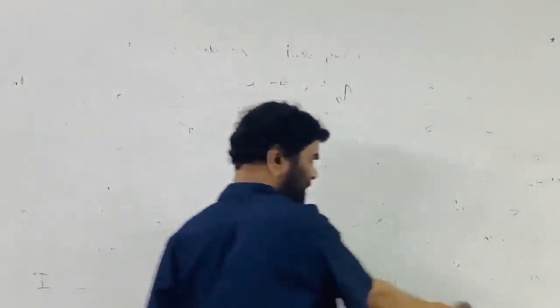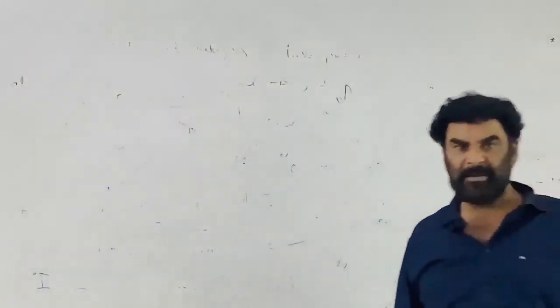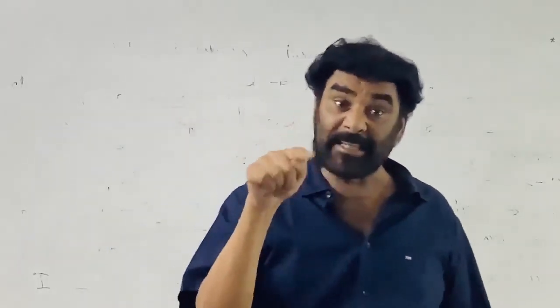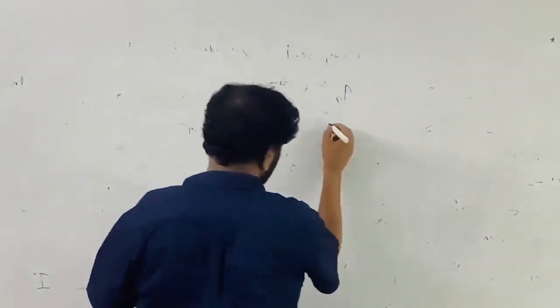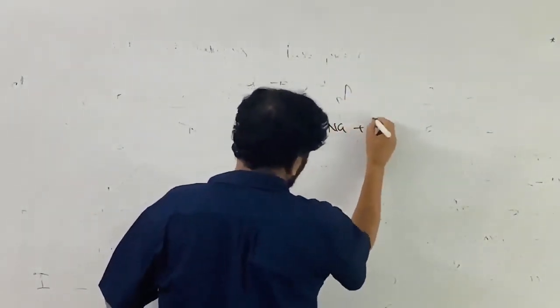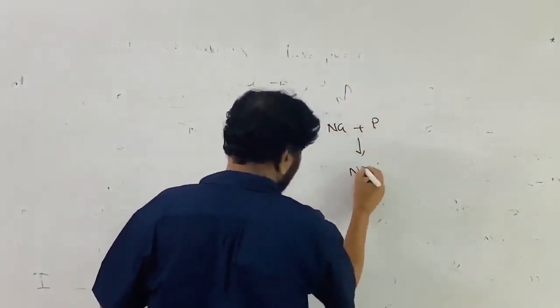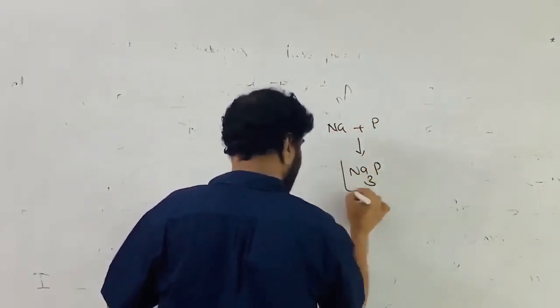You may ask, if phosphorus is present in the given organic compound during the fusion, what happens? The phosphorus associated with the organic compound during sodium fusion is converted to sodium phosphide, Na3P.